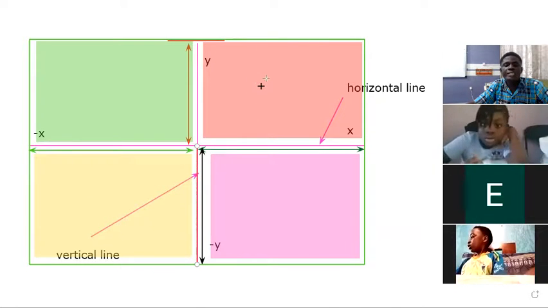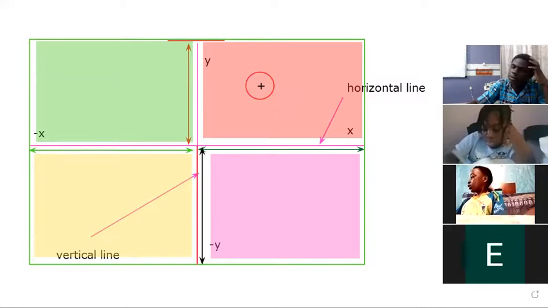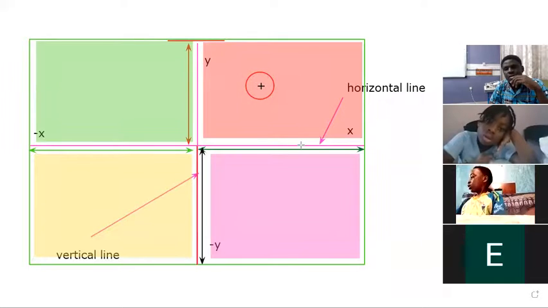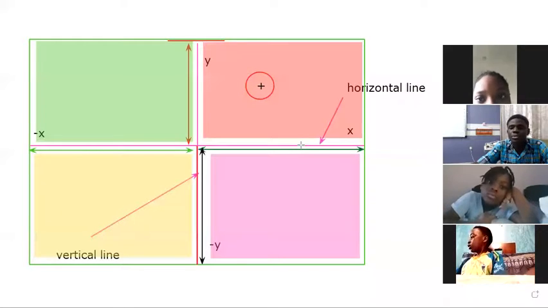So who can tell me the reason why I've written the plus over here? Daniela, can you tell me?